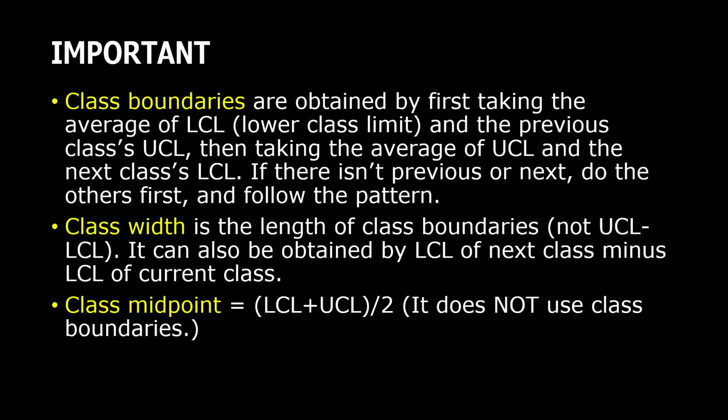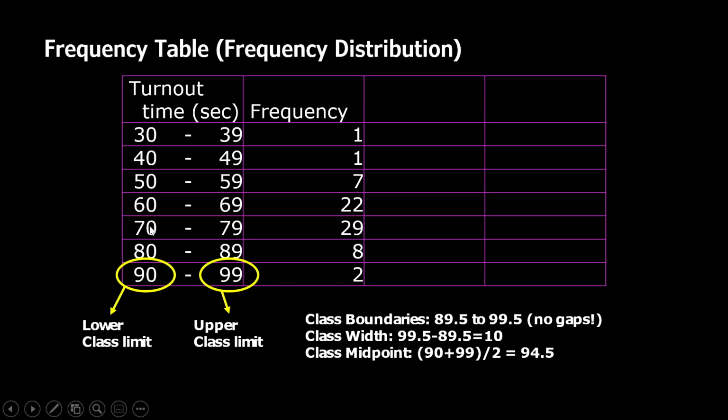And the class width is the length of class boundaries. And you can also get the same value by just simply subtracting the lower class boundaries between different classes. So you do 70 minus 60, what's that? That's 10, right? So that tells us that the class width of this is 10. To get the class width of here, you do 50 minus 40, so it's 10.